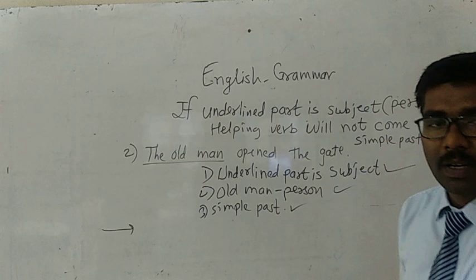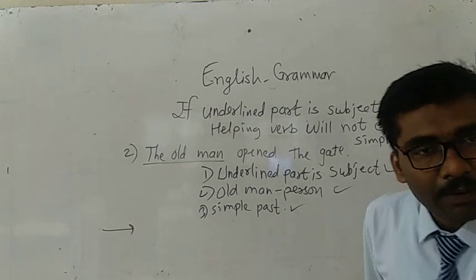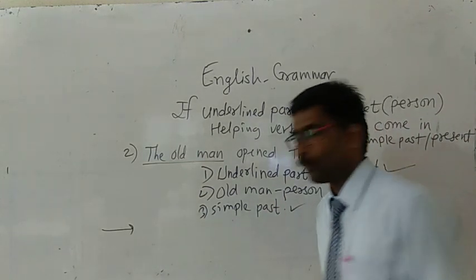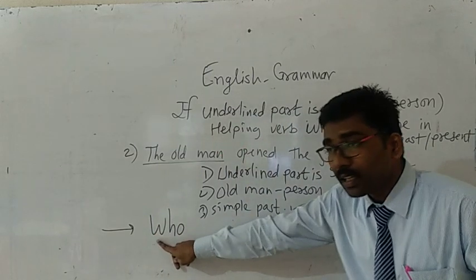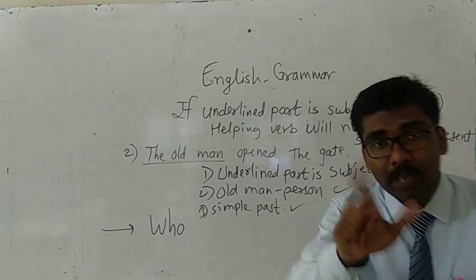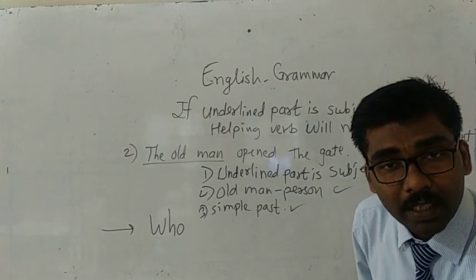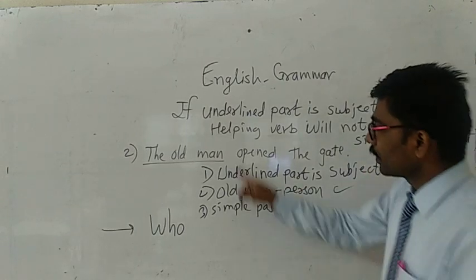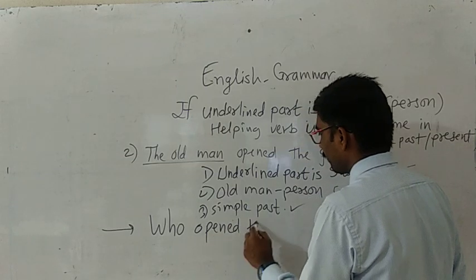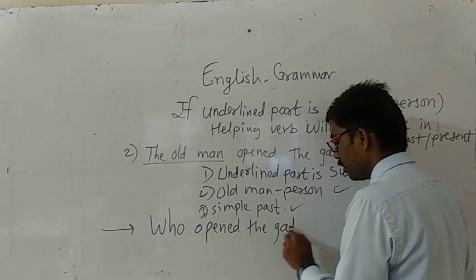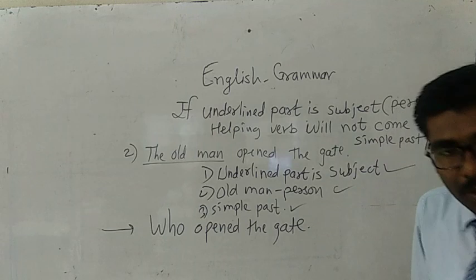If the underlined part is a person, the WH word will be who. So you have to use who correctly. And after the WH word you should not use a helping verb. Without using a helping verb: who opened the gate. Raman Goda, understood?